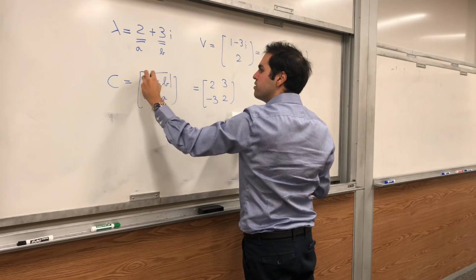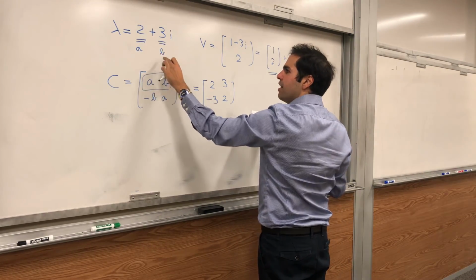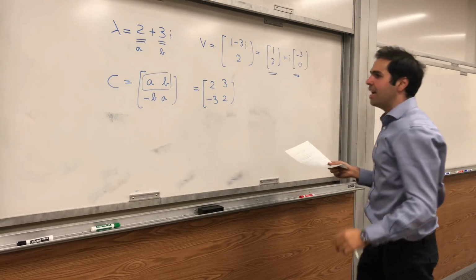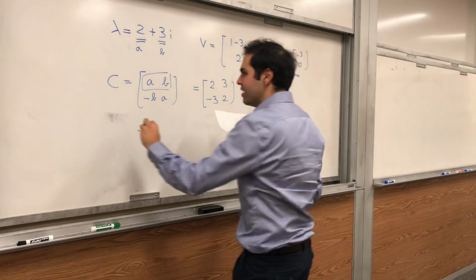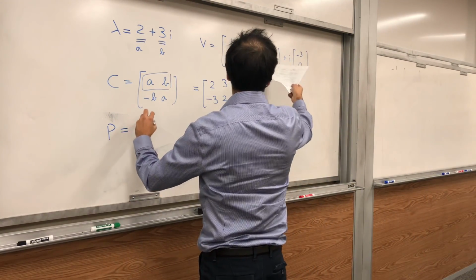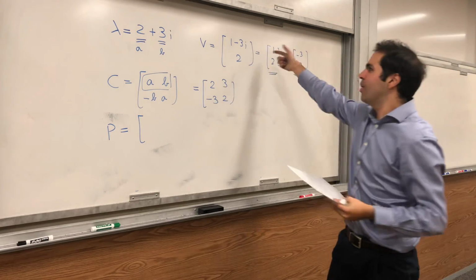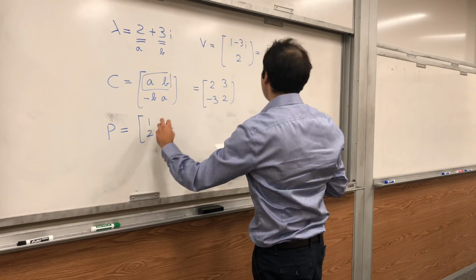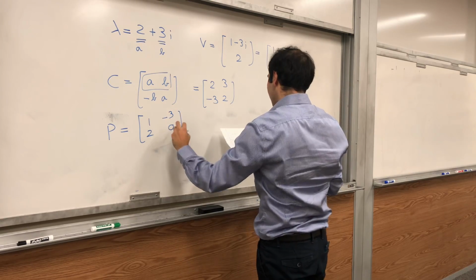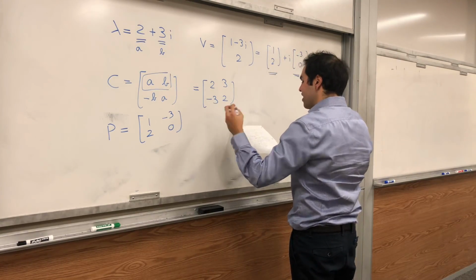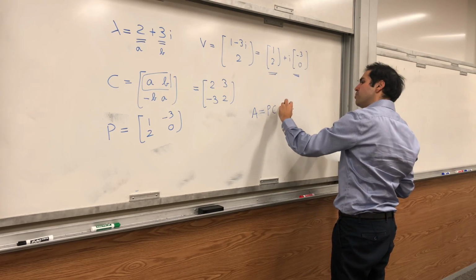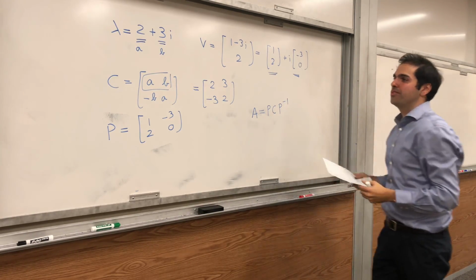So the point is, here you put your real values, A and B, and then here you just do minus B A, and you let P to be the matrix of this one eigenvector, but with real imaginary parts. 1, 2, minus 3, 0. Then it turns out that A is actually equal to PCP inverse.